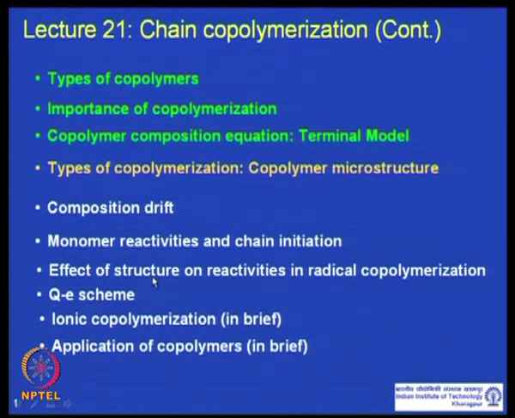Then we will talk about the effect of structure on reactivities, mainly in radical copolymerization, and we will discuss the QE scheme and then briefly discuss ionic copolymerization, and then very briefly we will talk about applications of the copolymers we are talking about.